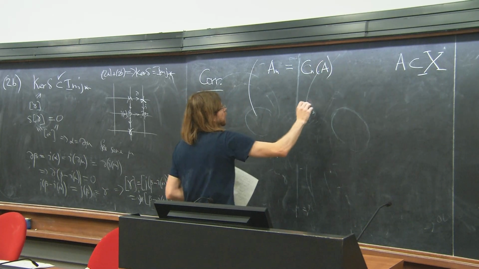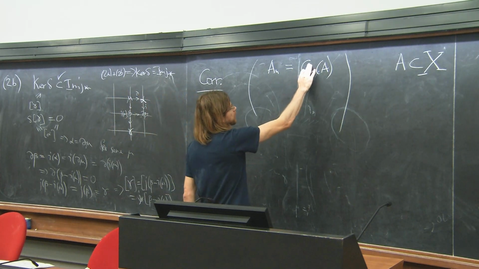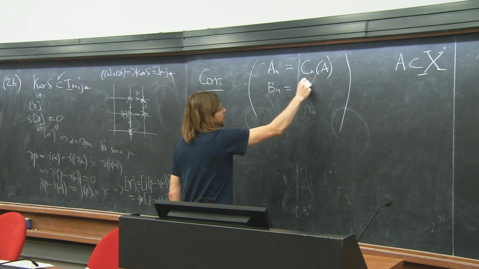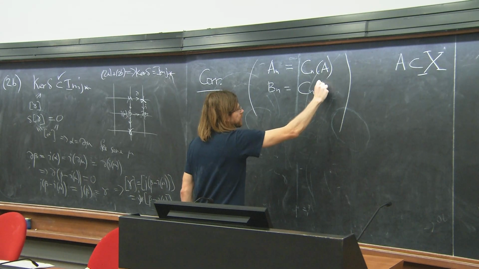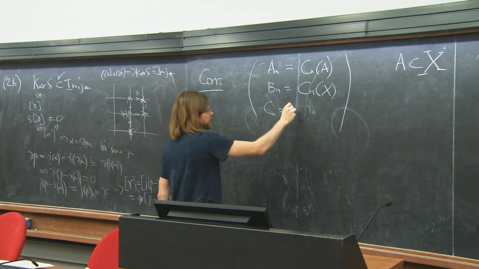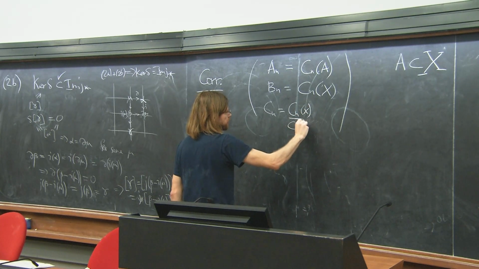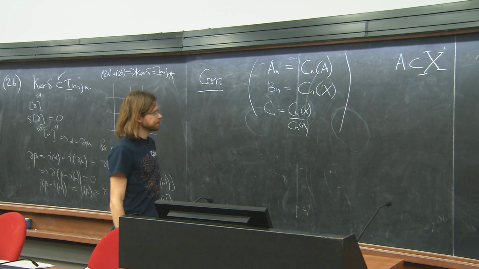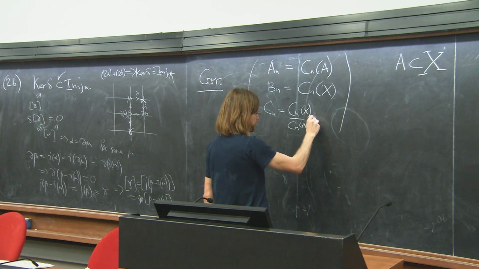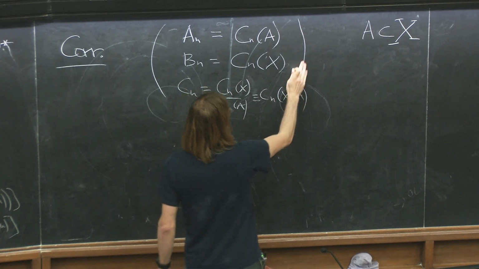In this general setting, we put the groups A_n to be the groups of singular chains in the space A. B_n will be chains in X, and C_n will be our relative chains, the quotient of C_n of X with respect to C_n of A under our inclusion. This quotient we also denoted as C_n of X, comma A.